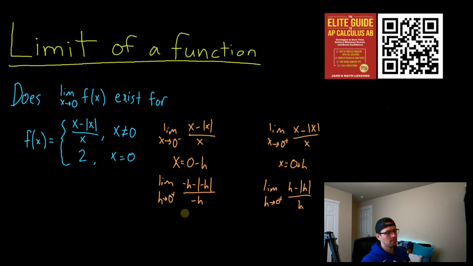So the other thing that's kind of cool in this case is we have h is a very small positive number. We also have these absolute values that make things a little bit weird. So what's interesting is since h is a very small positive number, what's in the absolute value here is negative h. So negative h is going to be a negative number.